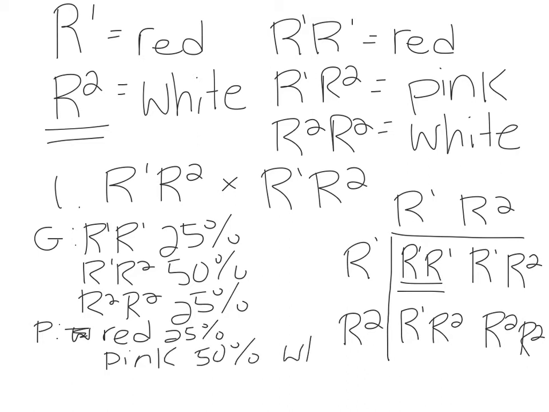And white is going to be 25%. So the heterozygous is going to be a different phenotype than what we typically saw when we were doing the complete dominance problems. That is how you do an incomplete dominant cross. Continue on and finish problems 2, 3, 4, 5, and 6.